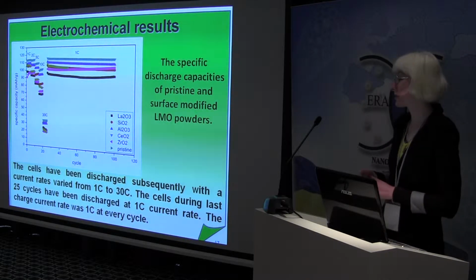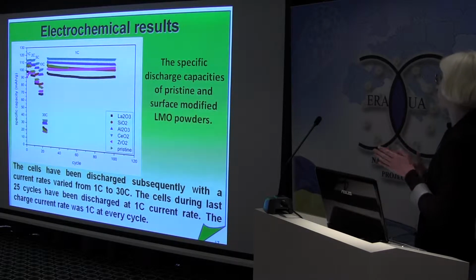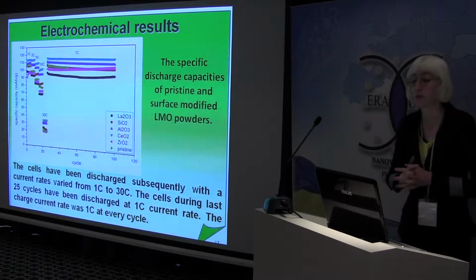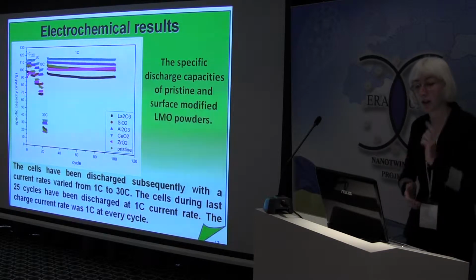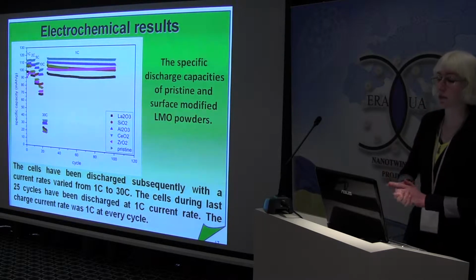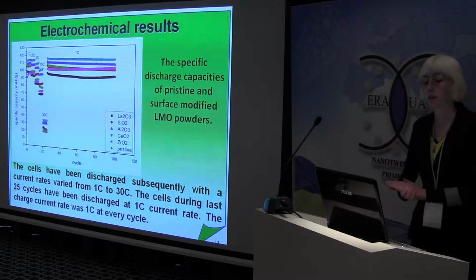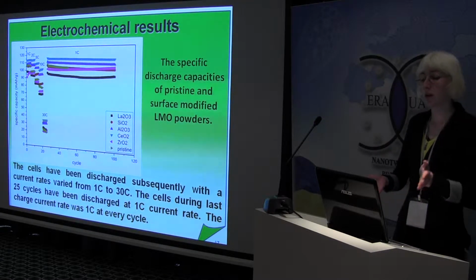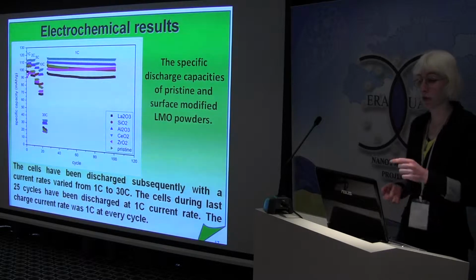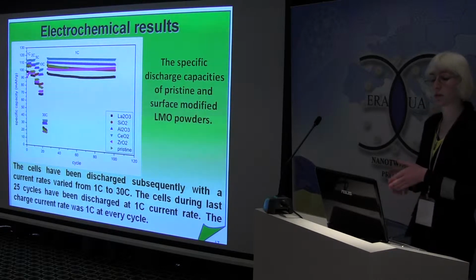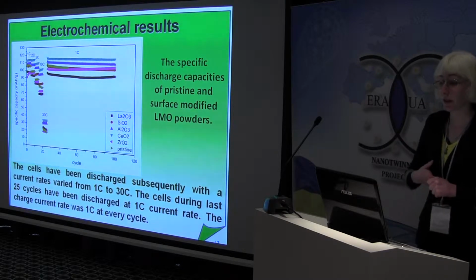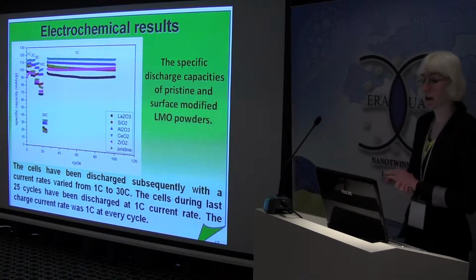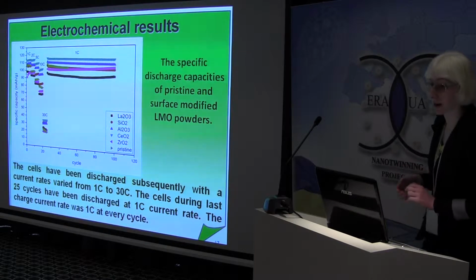On this picture, you can see the specific discharge capacities of pristine and surface modified lithium manganese oxide powders, and it should be added that the cells have been discharged subsequently with a current rate which varied from 1C to 30C, and during the last 25 cycles the cells have been discharged at 1C current rate, and the charge current was 1C at every cycle.